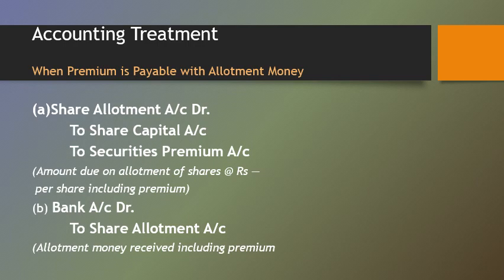And there is another treatment when the premium is payable with allotment money. Most of the time the premium is payable along with the allotment money. In such a case, the treatment is like this. Unlike the application money, in case of allotment money, first of all we have to make the allotment money due.